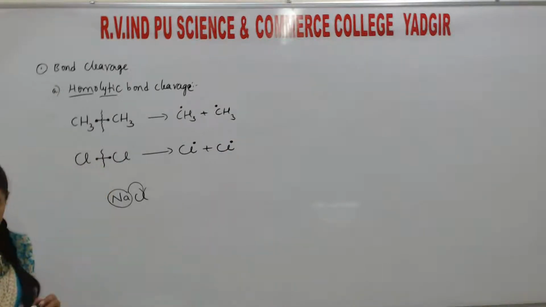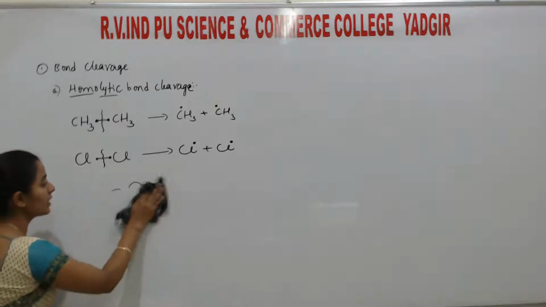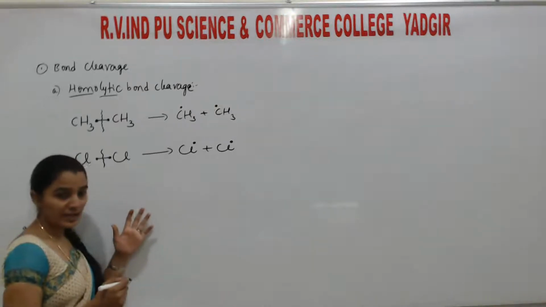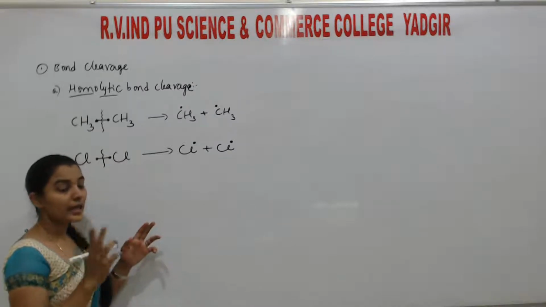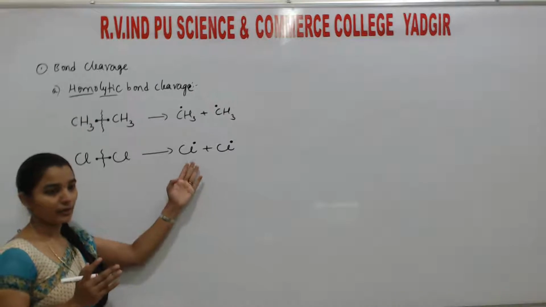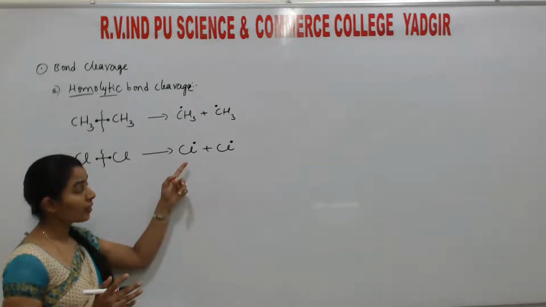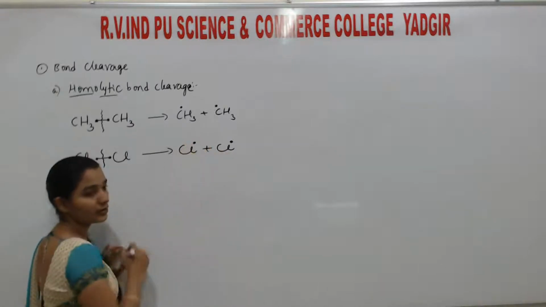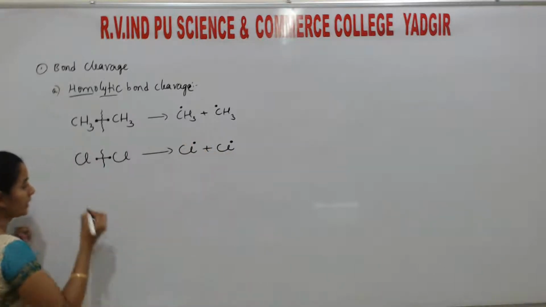So students, from this we can easily say what homolytic cleavage means. When the bond breakage takes place, they form the same type of atoms, which are intermediates. They are not stable. After breaking of the bond, they won't become stable. This is a free radical. This is a free radical. This electron tells about what? Free radical.